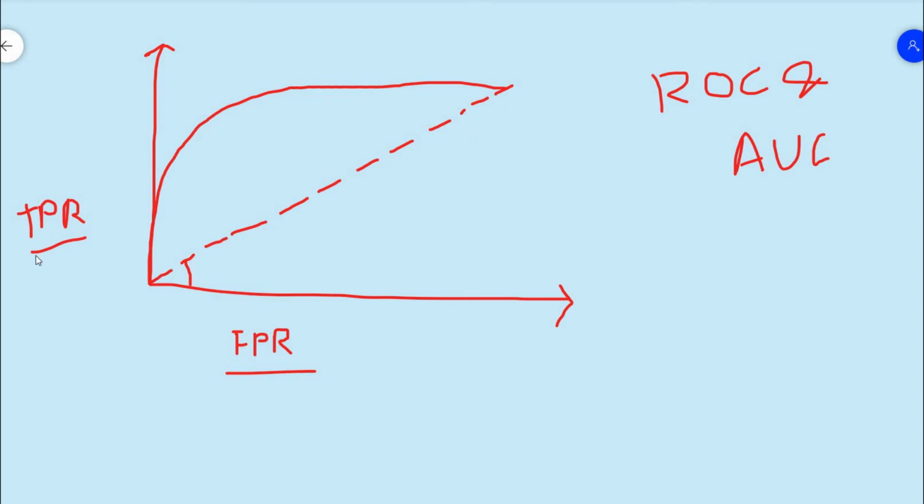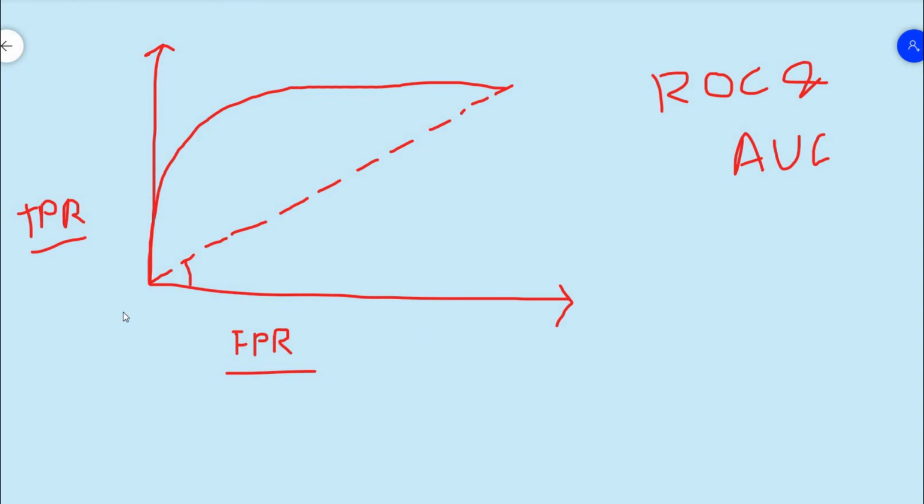Next, TPR is the sensitivity, right? And FPR is nothing but 1 minus TNR, that is 1 minus specificity. So we can see that when TPR rises, FPR also rises. That means if sensitivity rises, 1 minus TNR rises, which means TNR decreases, right?